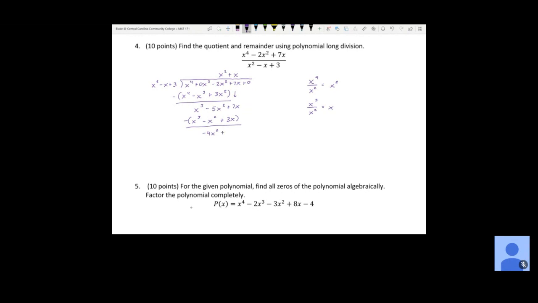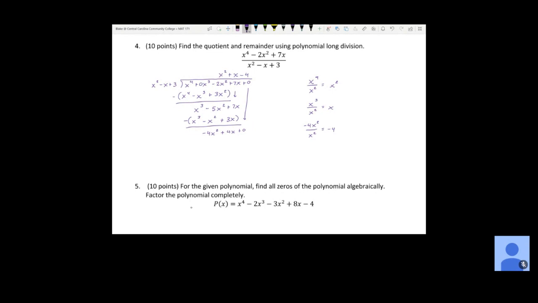Plus 4x. Good. Bring down the 0. And now we divide one more time because we can still divide negative 4x squared by x squared. So what is negative 4x squared divided by x squared? Negative 4. That's part of our quotient now.